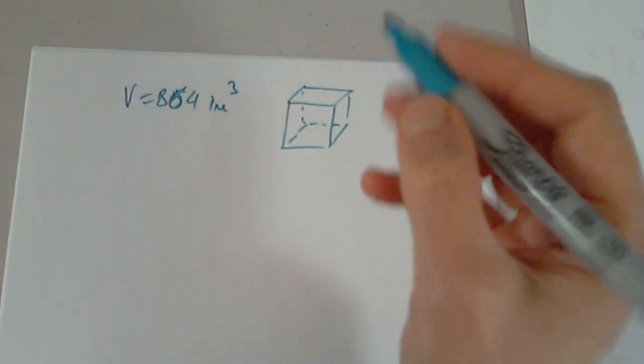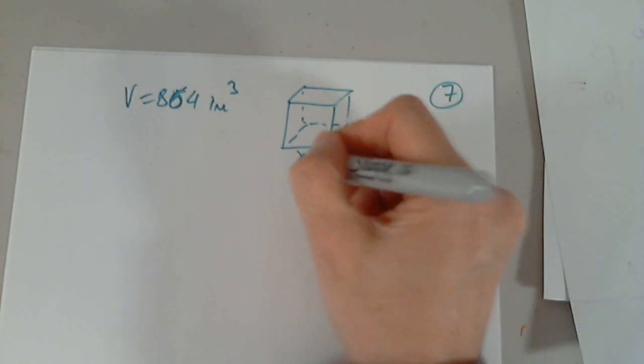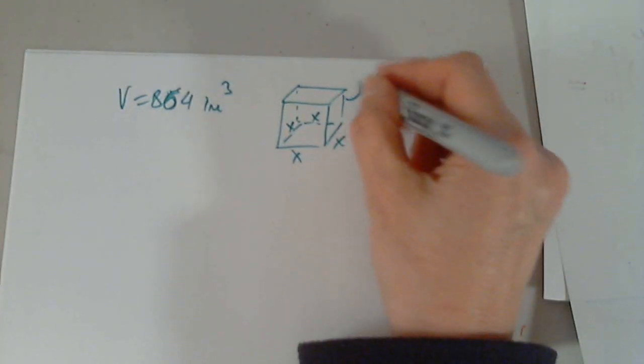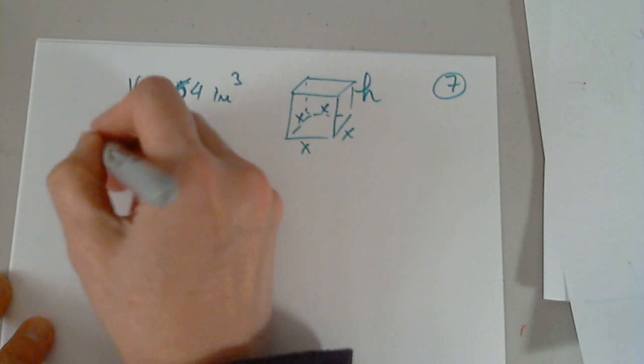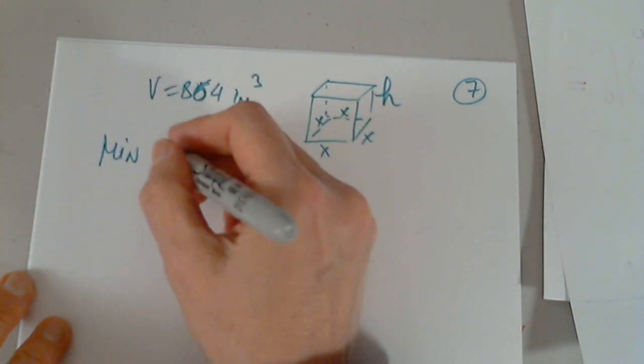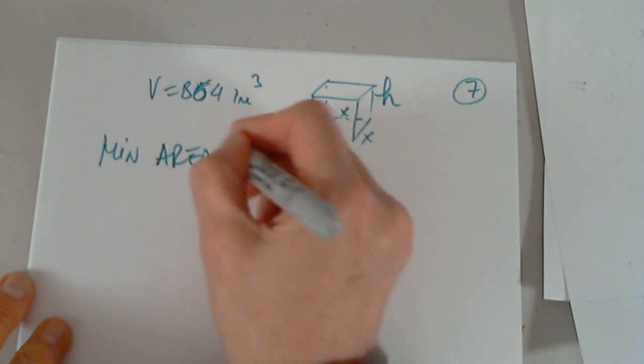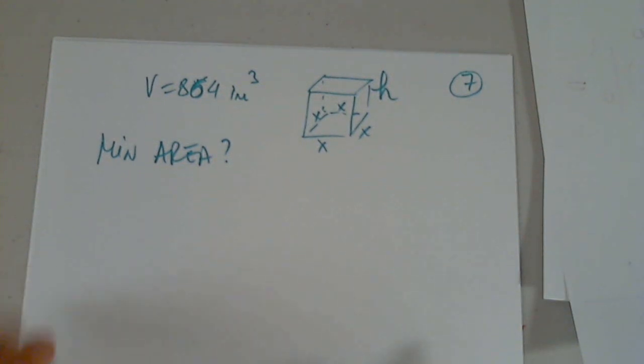Square-based rectangular box, okay, so square base. Very good. And then it wants the minimal surface area. What dimensions will minimize the surface area? And what is the minimum surface area?